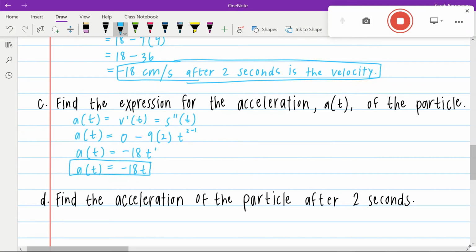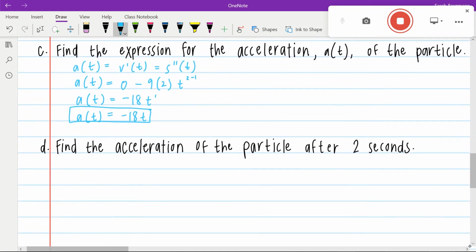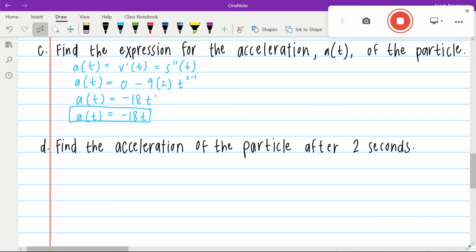Now it says find the acceleration of the particle after 2 seconds. Since we're finding the acceleration, we know we need to use this function that we just found. And since we're finding it after 2 seconds, this represents the time t. So we're basically trying to find a of 2.